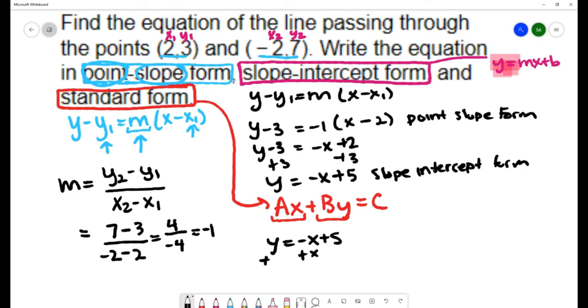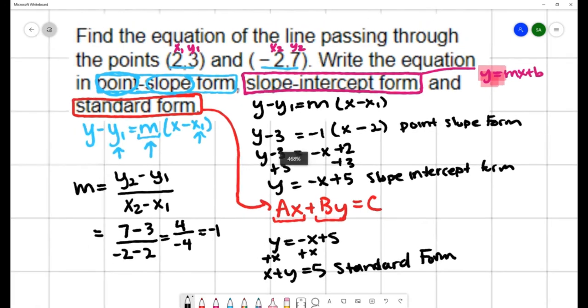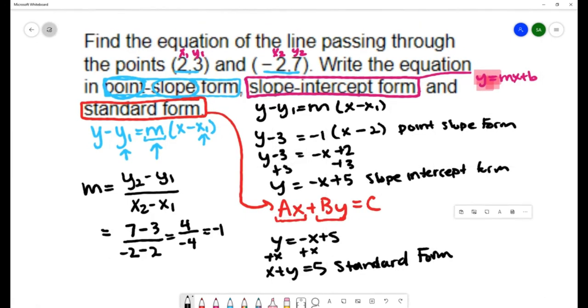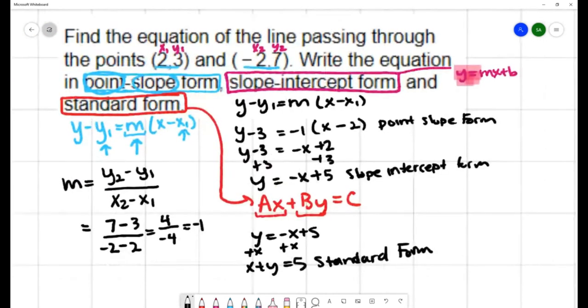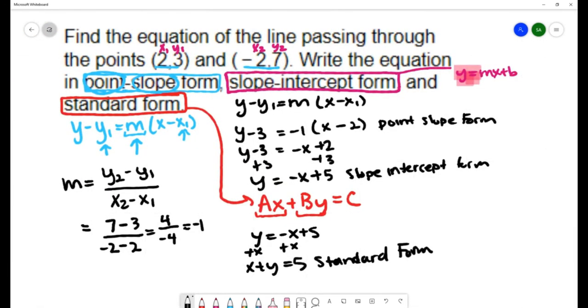Let's add x on both sides. That gives x plus y equals 5. That is my standard form. So we've written all the different formats for this linear equation, which passes through the points (2, 3) and (-2, 7).